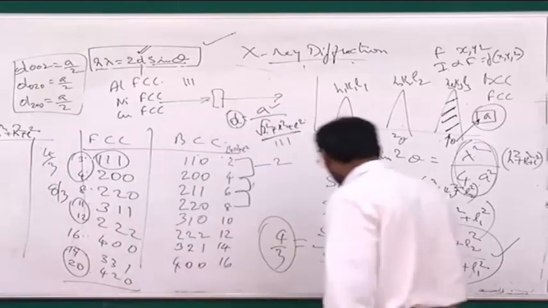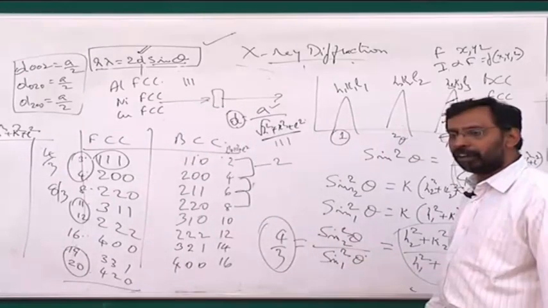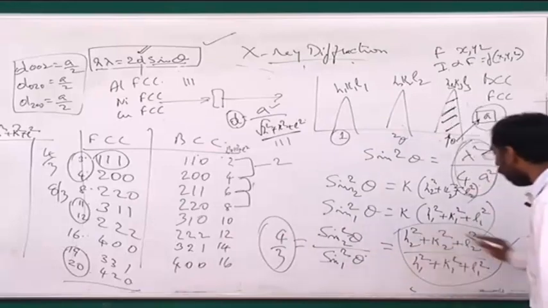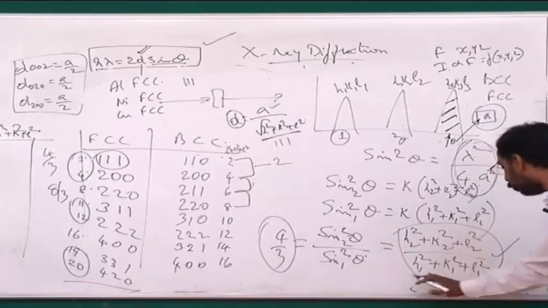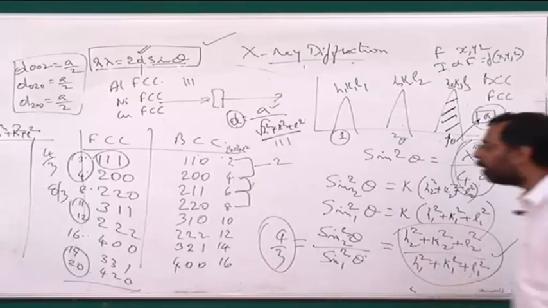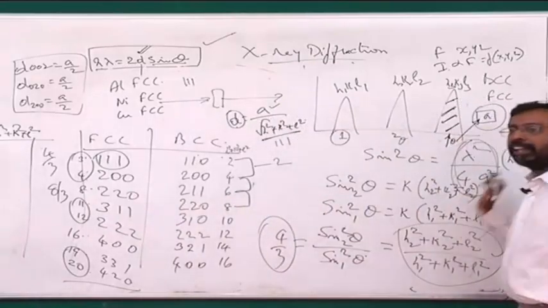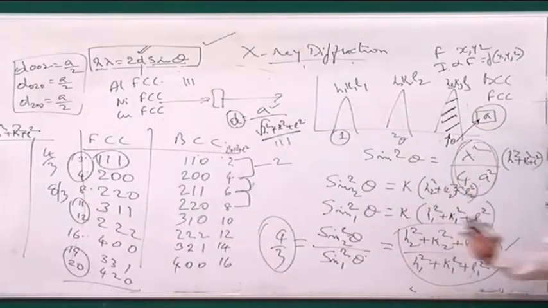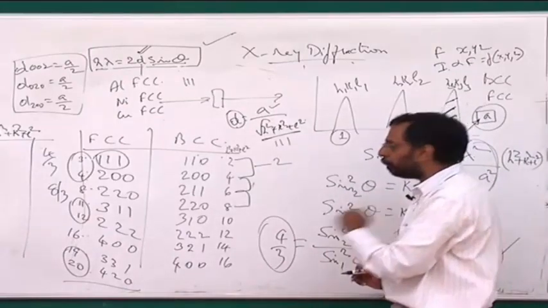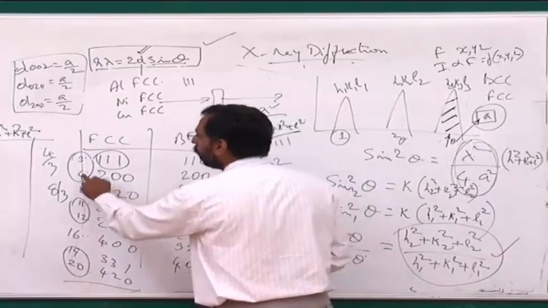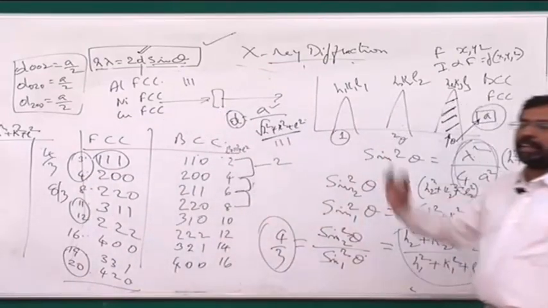The ratio of h3 square plus k3 square plus l3 square divided by h1 square plus k1 square plus l1 square should be 8/3. So once I get these two fixed, then I can say it is definitely confirmed FCC. I have checked it with the second peak, I have also checked it with the third peak, and second to first ratio is 4/3, third to first is 8/3, it is FCC.